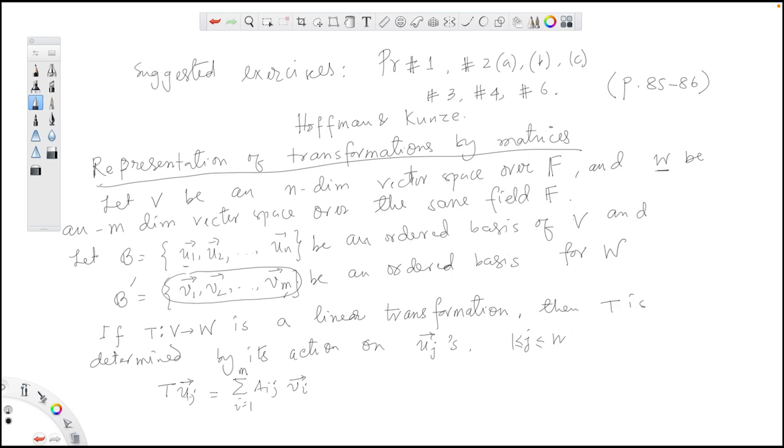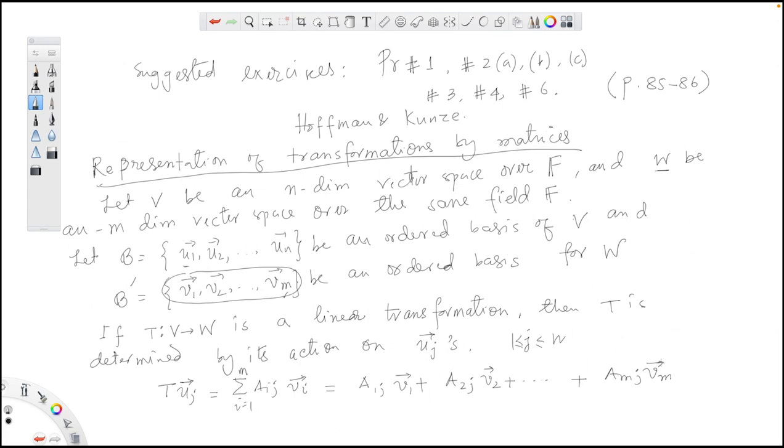So if I'm picking up this vector uj, then Tuj can be written as a1j v1 plus a2j v2 all the way up to amj vm.